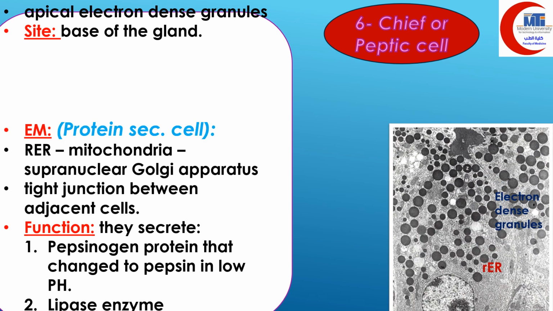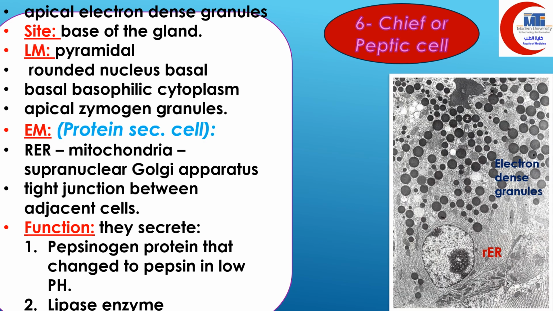It is a columnar cell having basophilic cytoplasm, a rounded basal nucleus, and apical acidophilic zymogen granules. This is the character of any protein secreting cell, which by electron microscopy you are going to find has RER, mitochondria, and supranuclear Golgi apparatus. So, chief cell or peptic cell is a typical protein secreting cell.